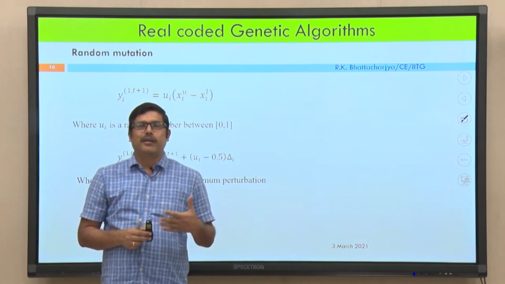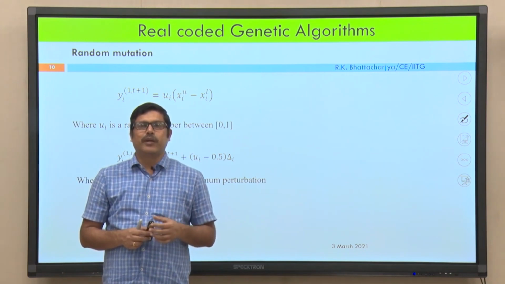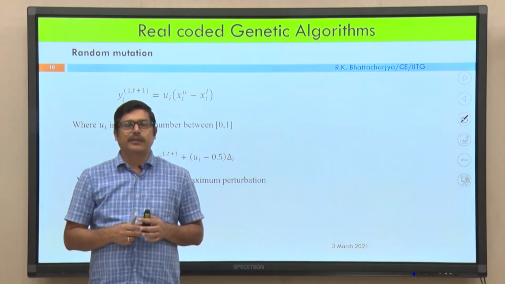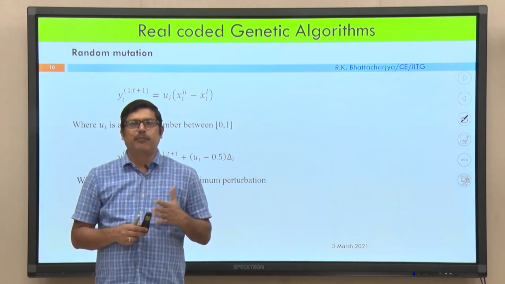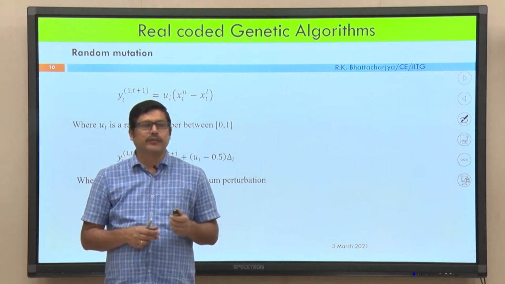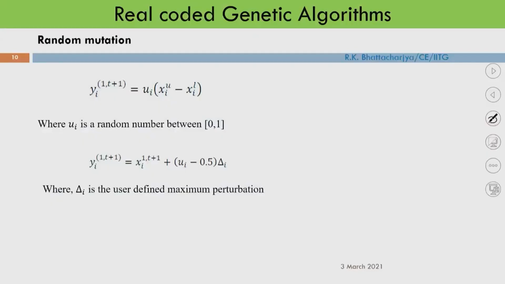So, in case of real coded GA, we can generate a new solution using some random distribution. Let us see how we can implement the mutation operator on real values. The first one is the random mutation. What we can do is create a random value between lower bound and upper bound.